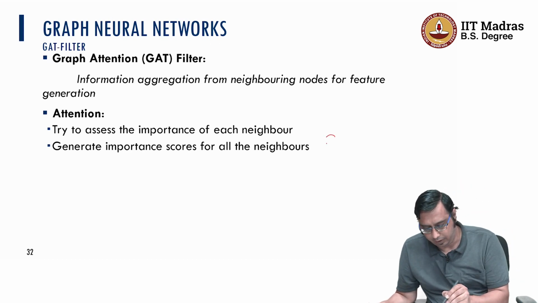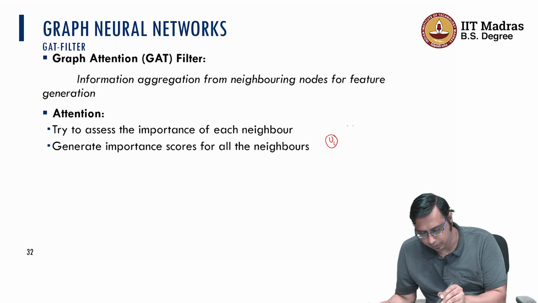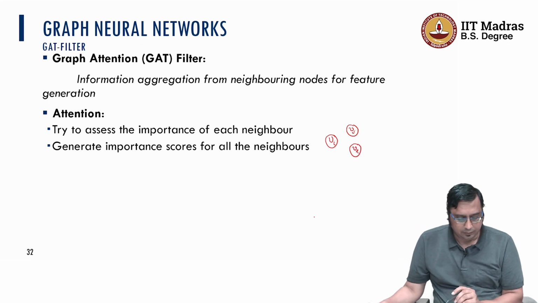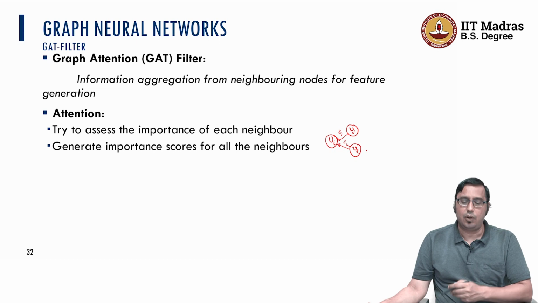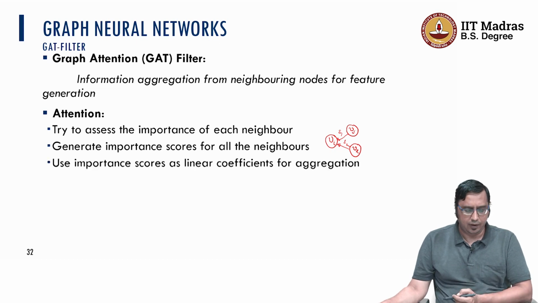So let's say I have a node Vi, I have a node Vj, I have a node Vl. Then the objective of graph attention is to give a score to each of these neighbors or corresponding features.